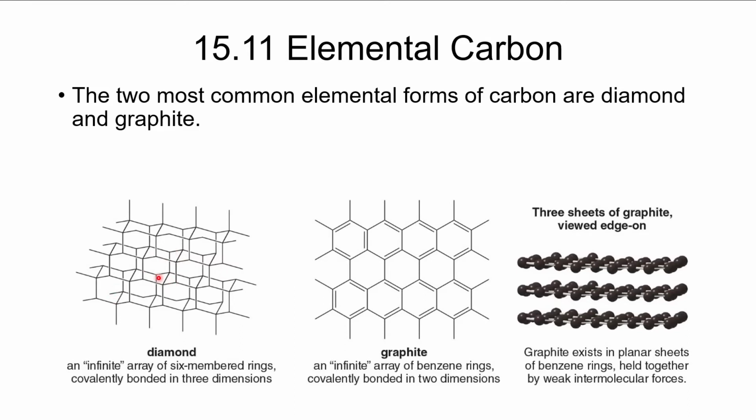And so it forms an essentially infinite, it's not literally infinite because otherwise you would have things that are bigger than the Earth. But here we're just going to say it's a very large system with an essentially infinite number. And if you have a perfect diamond, then all of those carbons are bonded to four other carbons. The only ones that aren't are the ones that are at the edges.